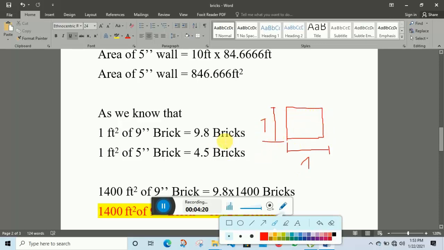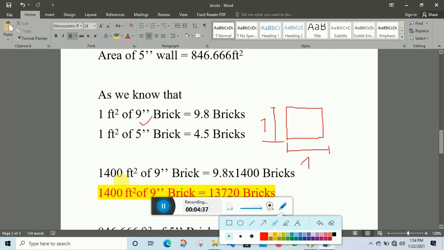This area is covered by 9.8 bricks having 9-inch width. And one square foot of 5-inch wall, meaning the brick width is 5 inches, covers 4.5 bricks. So one square foot of 9-inch wall covers 9.8 bricks.